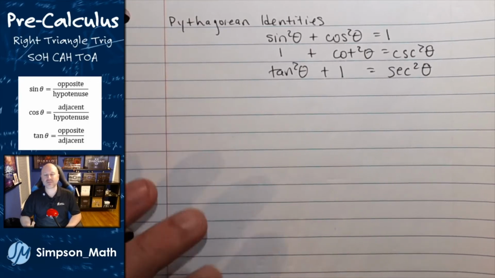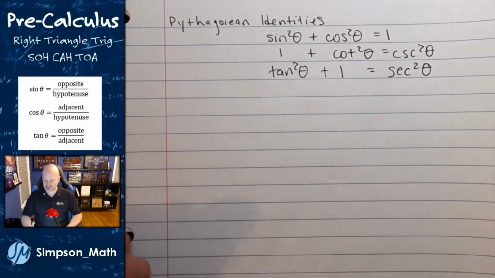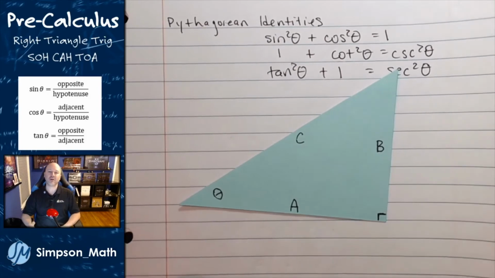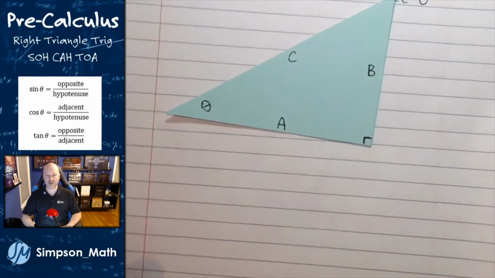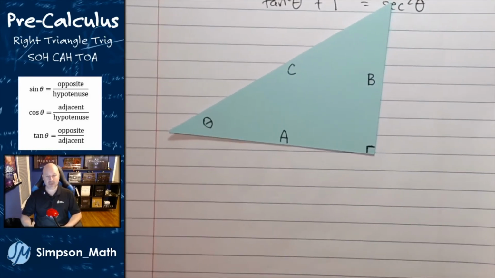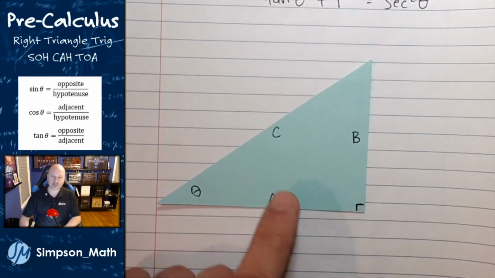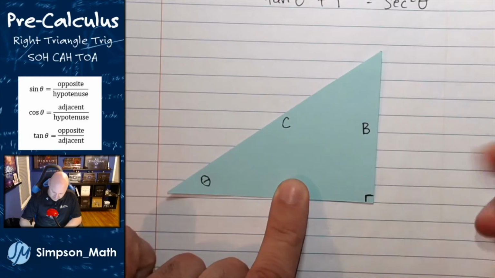Let's go back to some right triangle trig questions. Let's say you're trying to do something in the real world. So maybe you're trying to measure the width of a river.